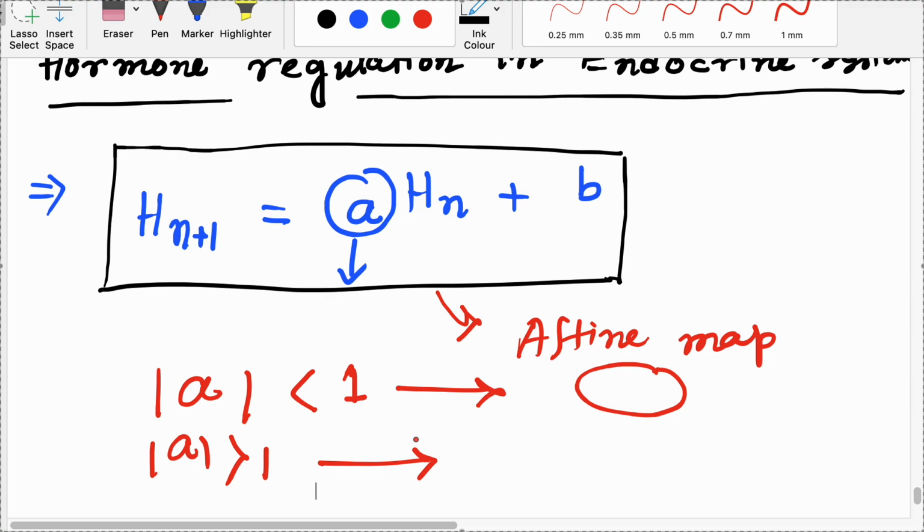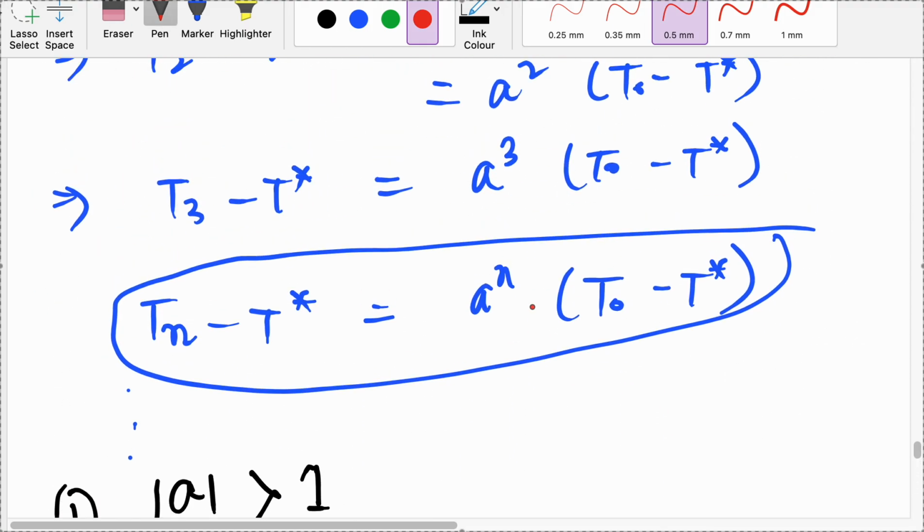I think you can do it yourself: by drawing a cobweb diagram you can clearly see that when A is less than 1, it attains that fixed, stable point, and if A is greater than 1, it diverges. If it becomes lesser, it will continue to be lesser and go further away from that fixed point.